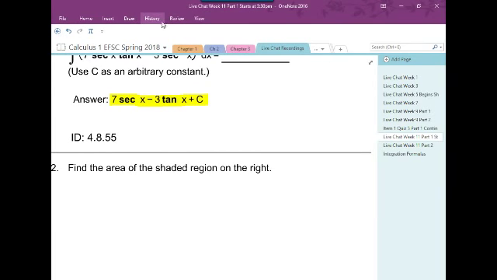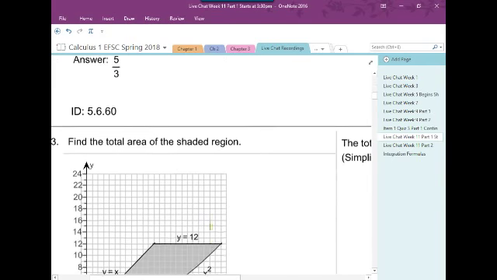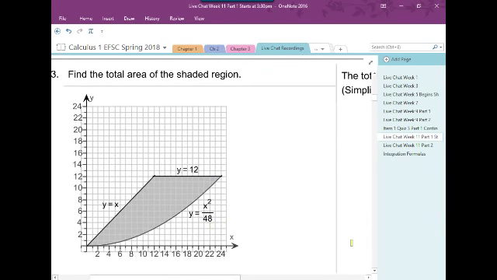Okay, let's look at the next one. Actually, I want to skip down to number 3. All right, so we're trying to find the total area of the shaded region, and we have an interesting shape here. On the left side of the shape, the region is determined, I'm going to split this off here.